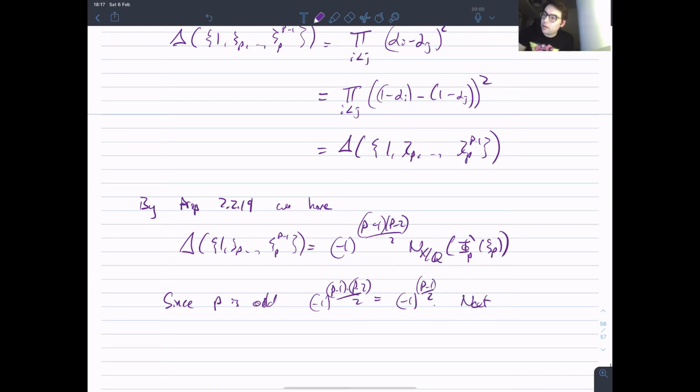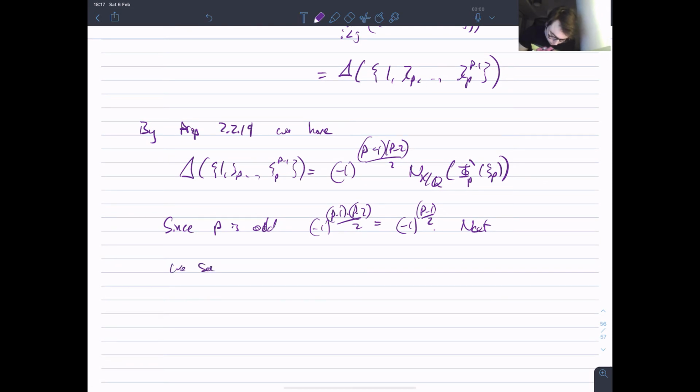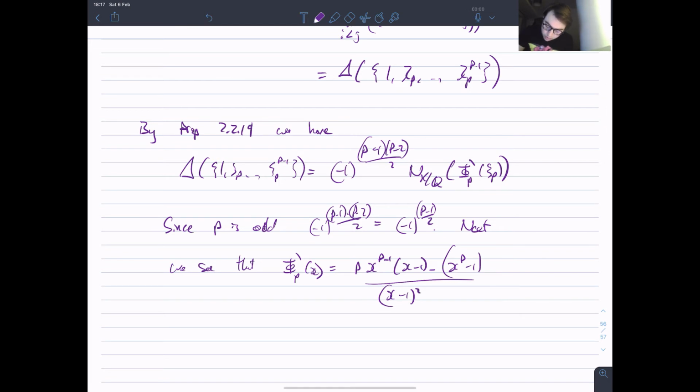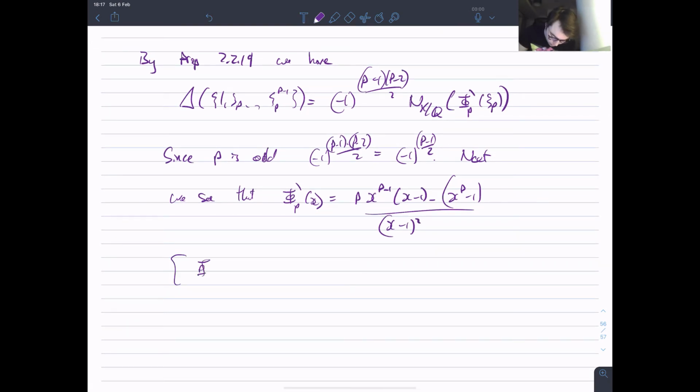Next, you see that Φ_p'(x) equals (p x^(p-1)(x - 1) - (x^p - 1)) all over (x - 1) squared. Remember that Φ_p(x) is just (x^p - 1) over (x - 1). Then you expand it out. So if you just differentiate this expression, you get this expression here.